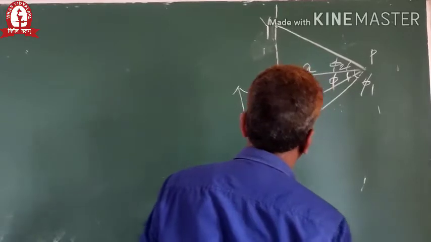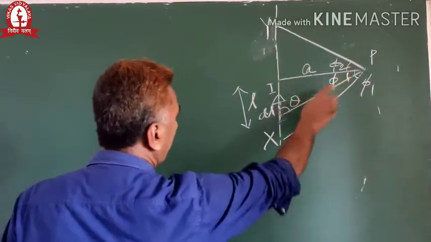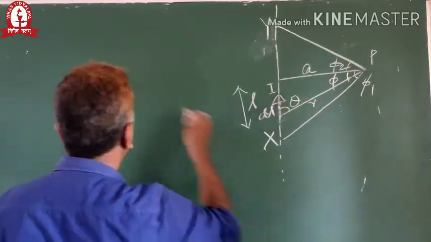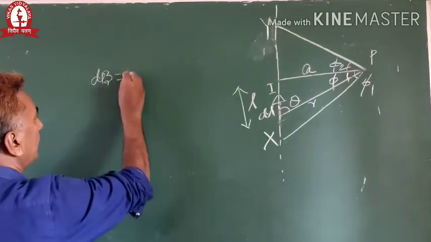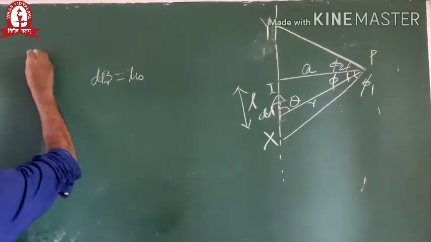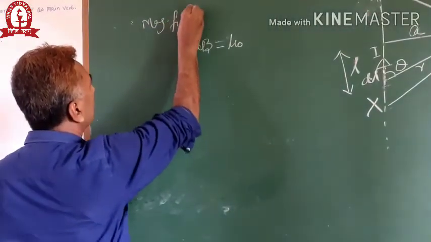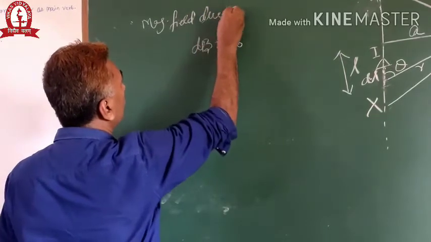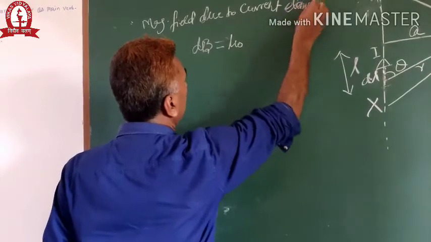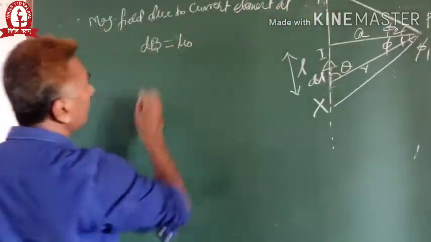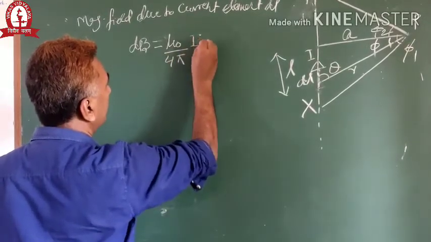Okay, now see here, according to Biot-Savart's law, the magnetic field due to this current element, that is dB, will be equal to mu naught, that is magnetic field due to current element dl, dB is equal to mu naught upon 4 pi, current is I dl.